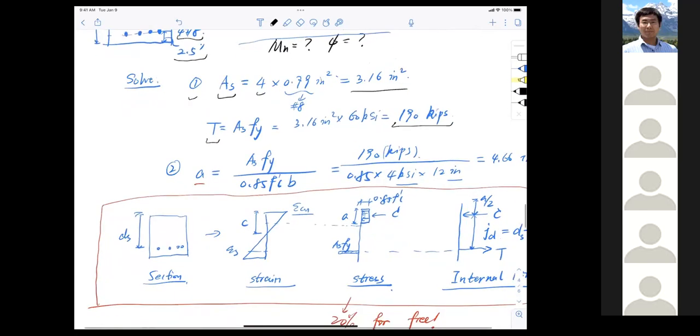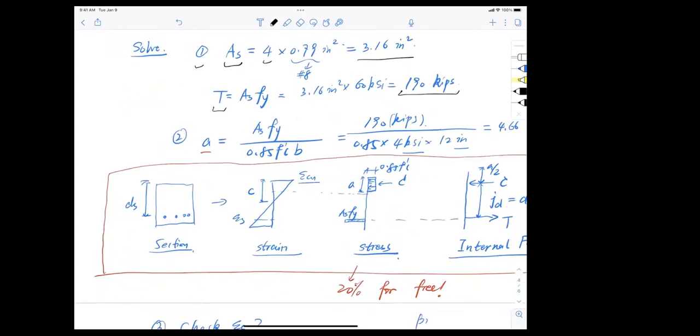At this point I made an assumption: I assume the steel yielded. So tension is equal to As fy, and that is the total tension force I have.